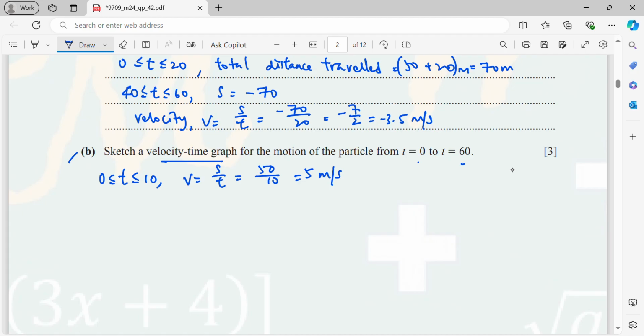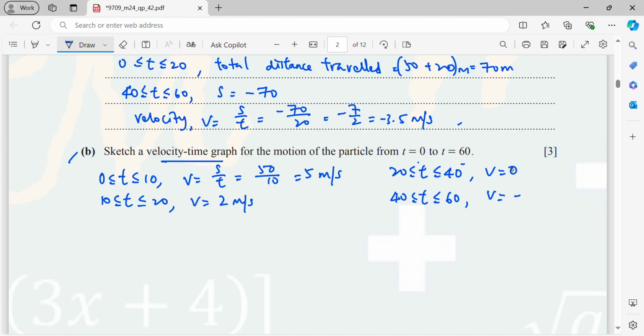Then from 10 to 20, the v is given as 2 meters per second. From 20 to 40, because it is at rest, therefore v equals 0. Then from 40 to 60, the v is negative 3.5.